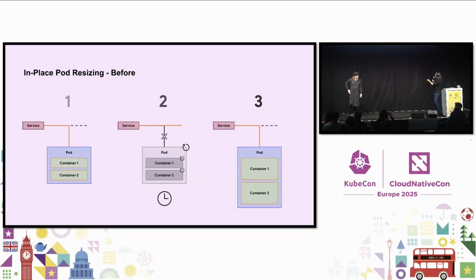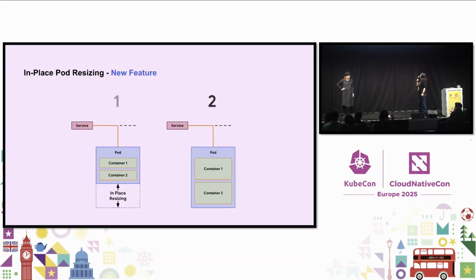This definitely introduces disruption, termination of services, loss of network connections, all those kinds of problems. Even on the stateful side, it could cause data corruption. So with in-place pod resizing, next, a diagram to show.